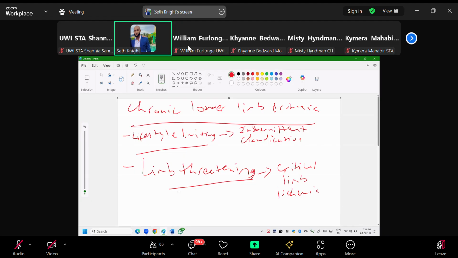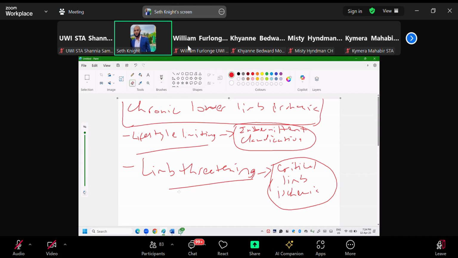So when we're speaking about chronic lower limb ischemia, we're speaking about intermittent claudication versus critical limb ischemia. They act very much like stable versus unstable angina. Intermittent claudication is stable angina of the lower limb. That is reproducible pain on exercise that is relieved by rest. Whereas critical limb ischemia is your unstable angina, that is rest pain.